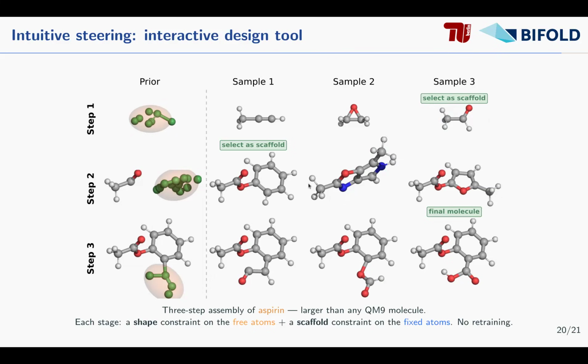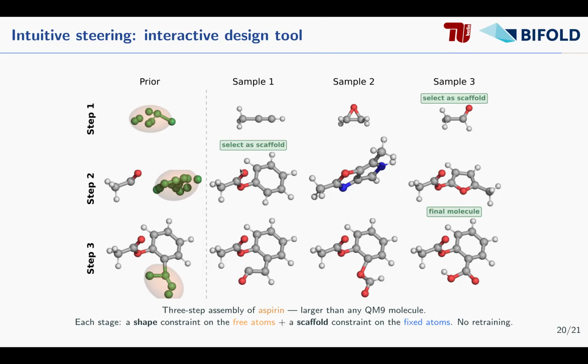Then we run the relaxation, and for the prior atoms we enforce the shape, and for the scaffold atoms we just don't update the positions. If the model wants to move the atoms, we set them back to their original positions. And then we end up with a set of more complex molecules.